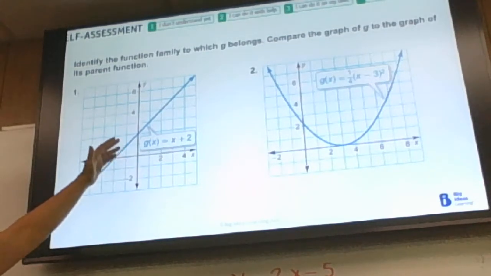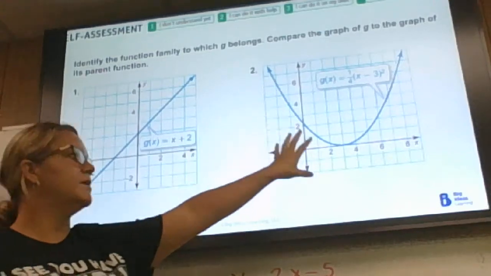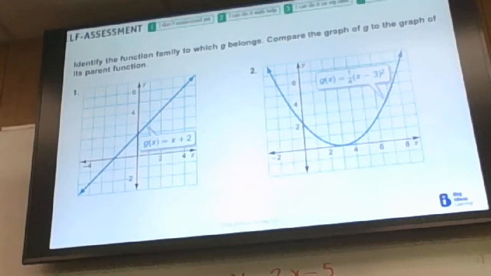Name it. Talk about how it's different than the parent. Other than looks, and then the other one's quadratic.